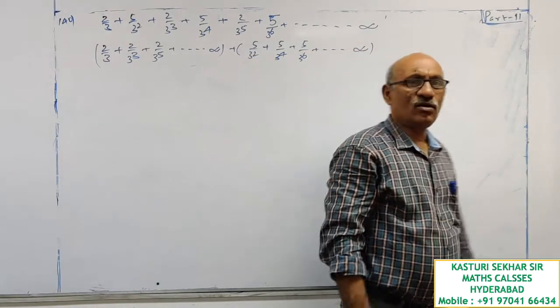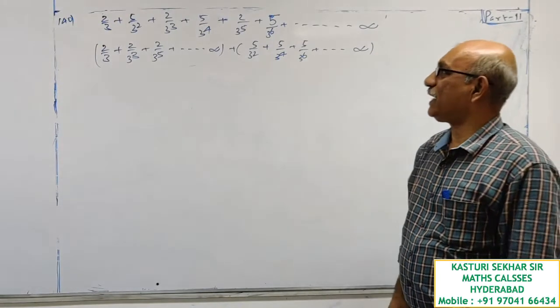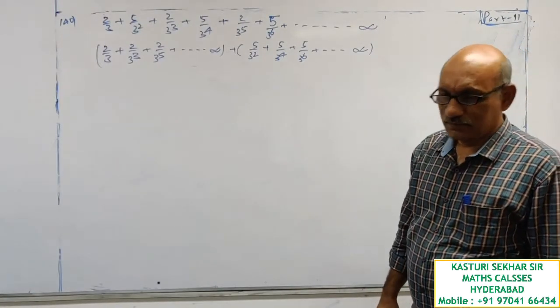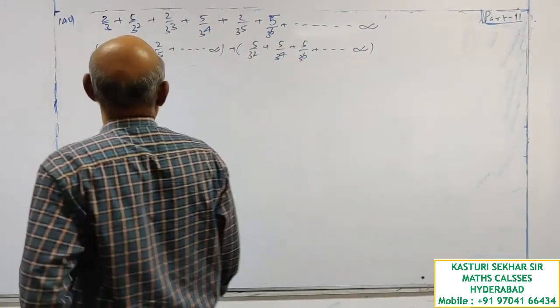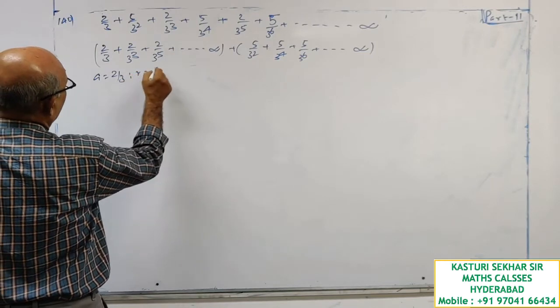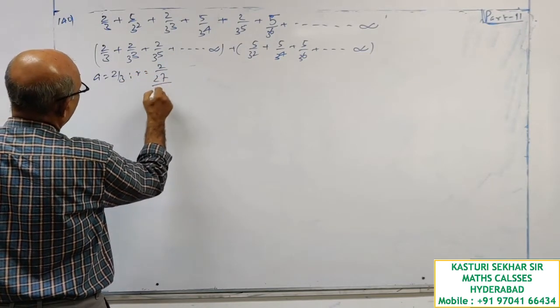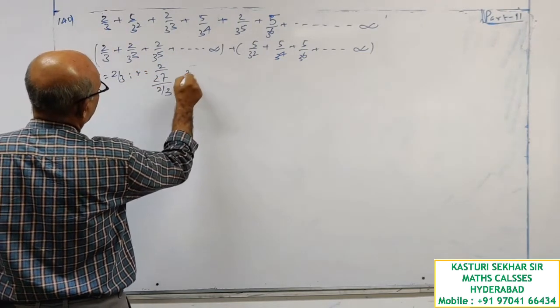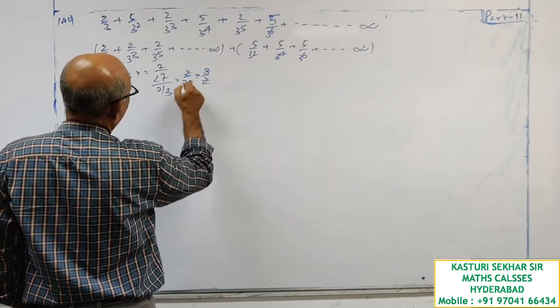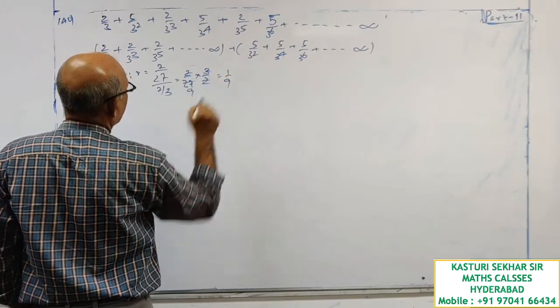For the first bracket, A is equal to 2 by 3, R is equal to 2 by 27 divided by 2 by 3, that is 3 by 2, 2 cancel, it will go 9 times, this is 1 by 9.